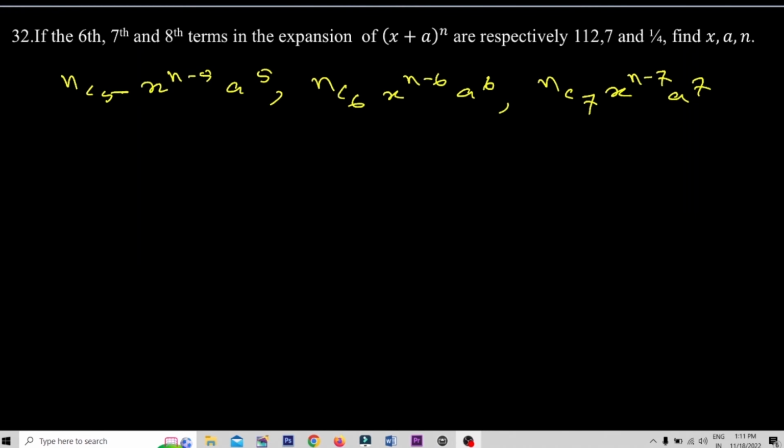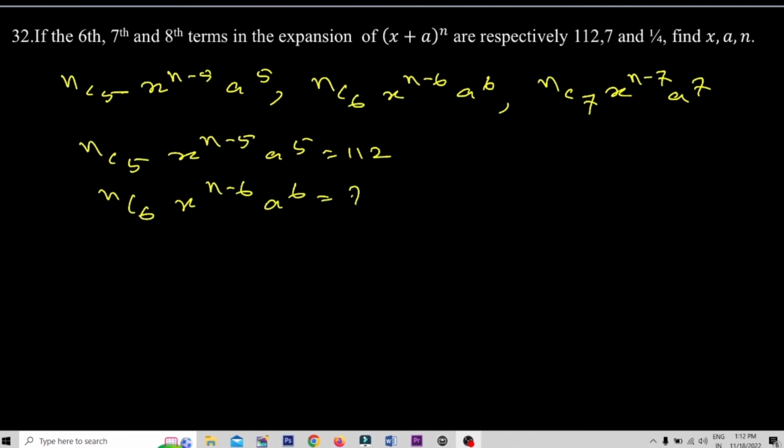It means nC5 x to the power n minus 5, a to the power 5 is 112, and nC6 x to the power n minus 6, a to the power 6 is 7, nC7 x to the power n minus 7, a to the power 7 equal to 1/4.